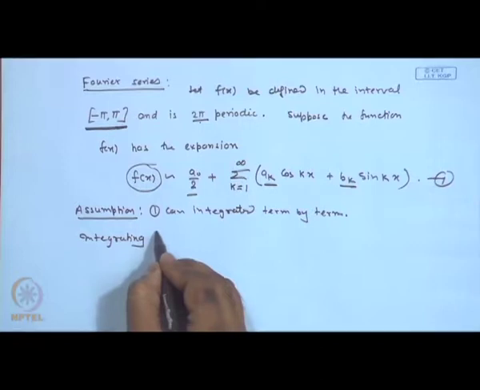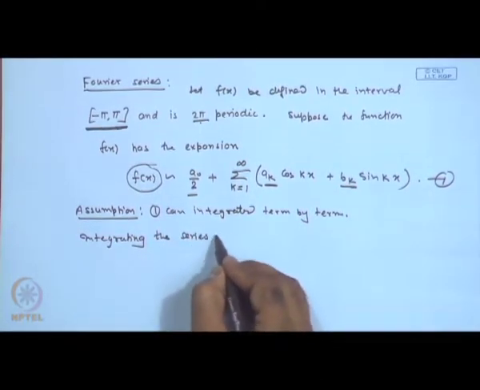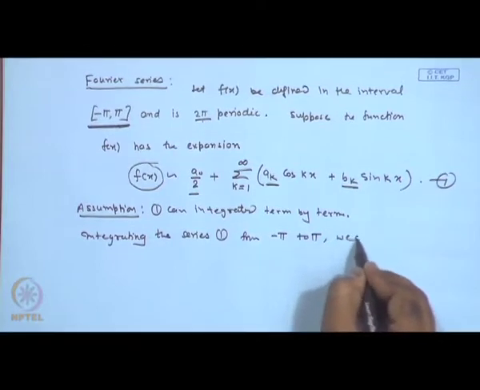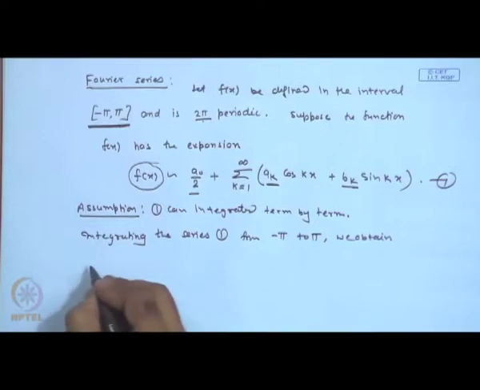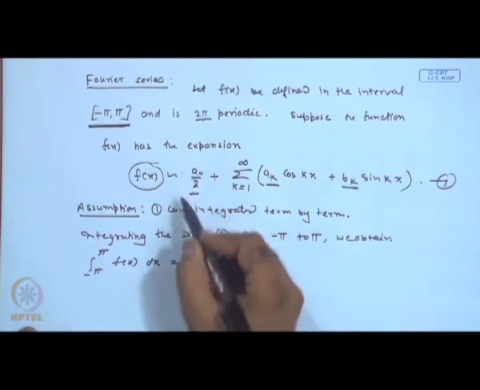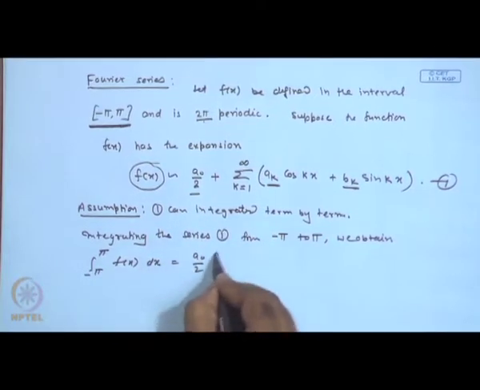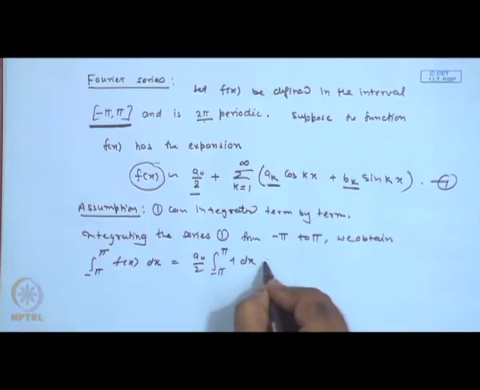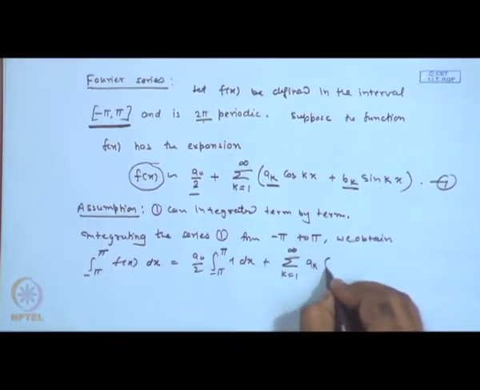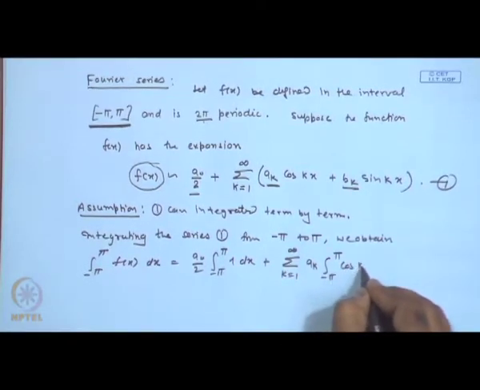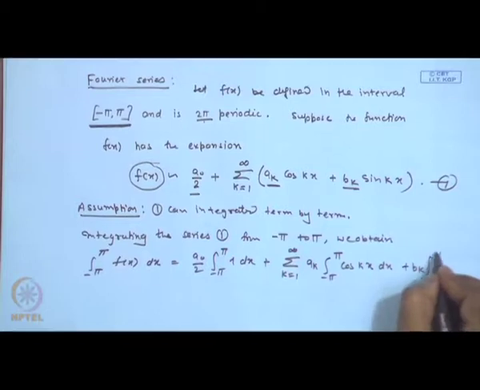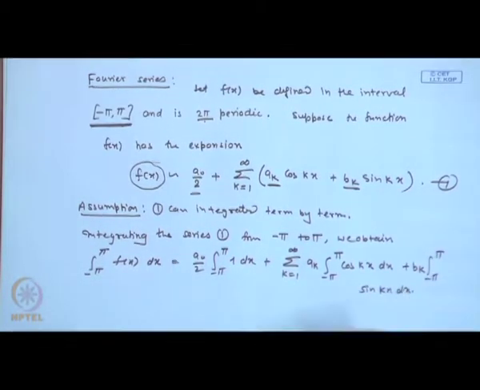So, integrating the series 1 from minus pi to pi, what we obtain: the integral from minus pi to pi of f(x) dx is a naught by 2 times the integral from minus pi to pi of 1 dx, plus the sum from k equals 1 to infinity of a k times the integral from minus pi to pi of cos kx dx, plus b k times the integral from minus pi to pi of sin kx dx.